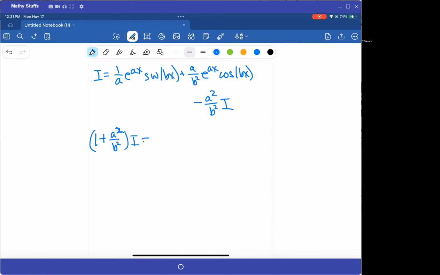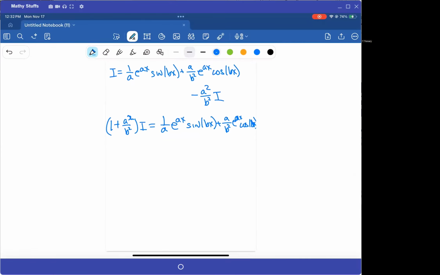In other words, the left side becomes 1 plus a squared over b squared I equals 1 over a e to the ax sine of bx plus a over b squared e to the ax cos bx. That's looking pretty sloppy there, but that's cos bx. And I'm just about done. I'm going to notice that this thing in the front here can actually be written as a squared plus b squared over b squared.